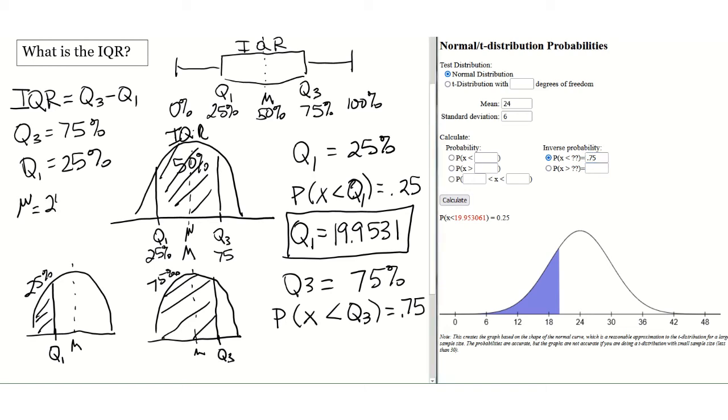Let's say we're given a mean of 24 and a standard deviation of 6, so that we're staying consistent with all of the problems we have solved so far. Let's hit the calculate button, and that gives me my value of 28.0469. So this is my Q3.